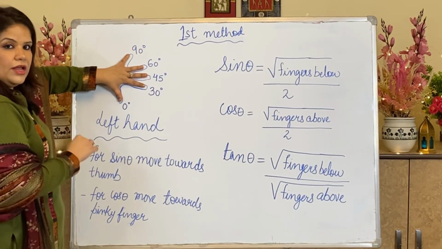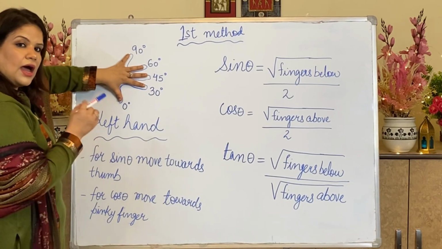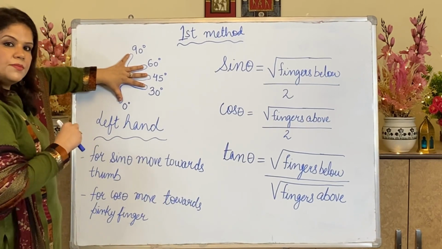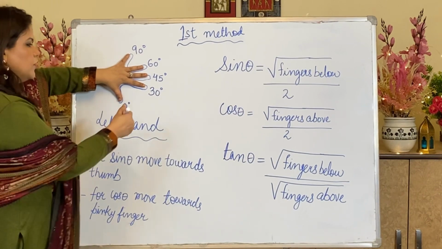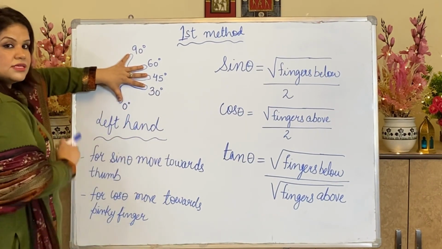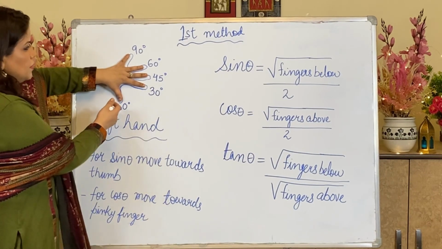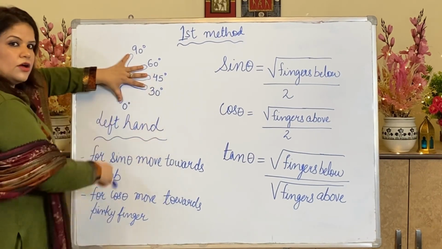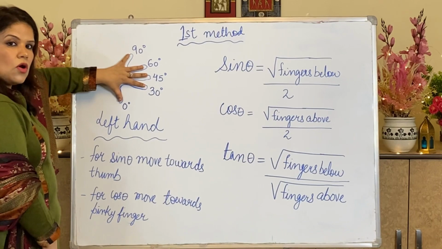For finding the values of sine theta and cos theta, there is a method. You will be moving towards the thumb for finding sine theta, and you will be moving towards the pinky finger for finding the value of cos theta.